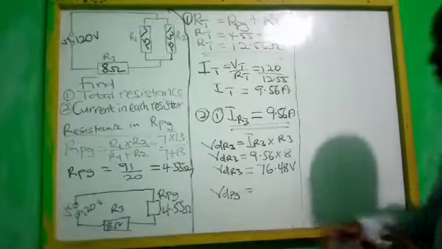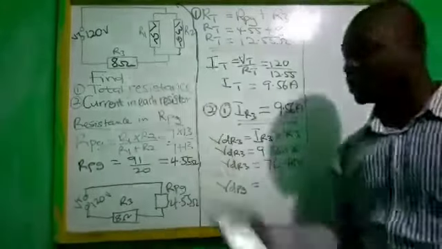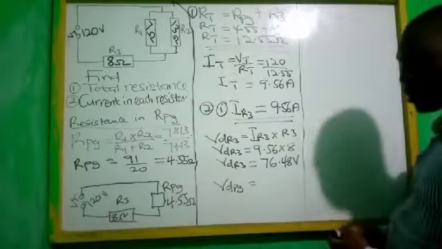Alright, so let's see the voltage drop in the parallel group. What we do is take the total voltage, the supply voltage, and subtract the voltage in R3, and we get the voltage drop in the parallel group.